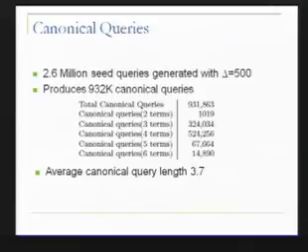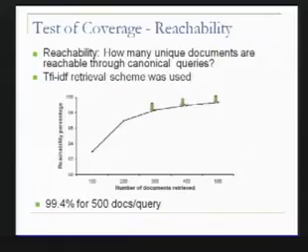You should note that the average canonical query length is 3.7, which is almost 4, right? So you can see there are a lot of queries with 3 or 4 terms compared to 6 terms or 2 terms.